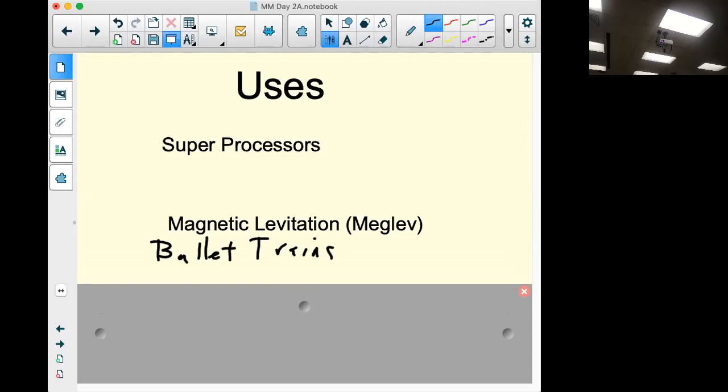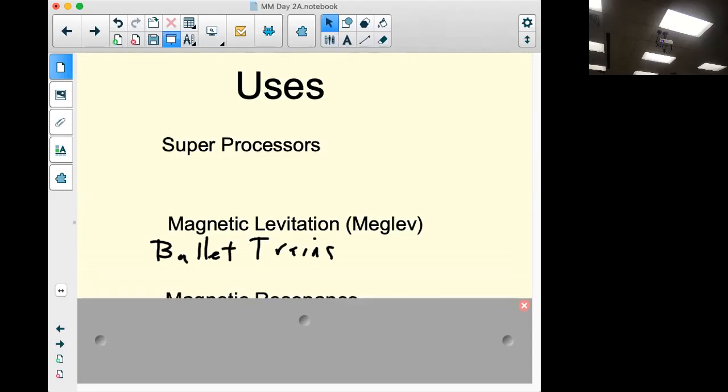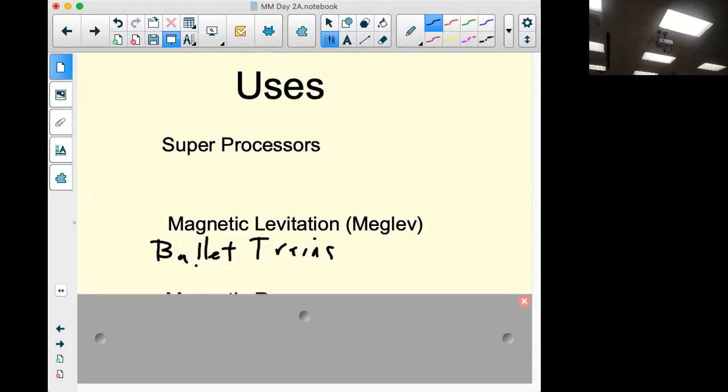Any of you ever been to Disney World? You went to, is that Universal Studios or Magic, whatever it is inside of there now? They have a roller coaster called the Rock and Roller Coaster. Do you know how the Rock and Roller Coaster works? Maglev, okay? Inside of the coaster are little magnetic superconductors.